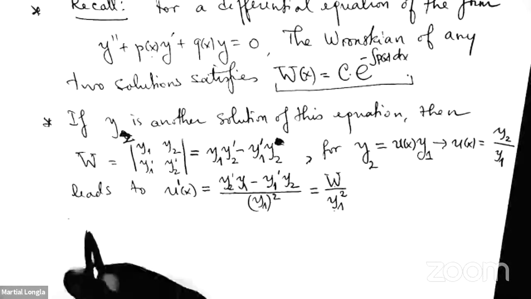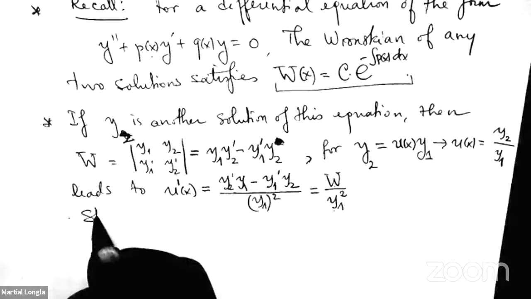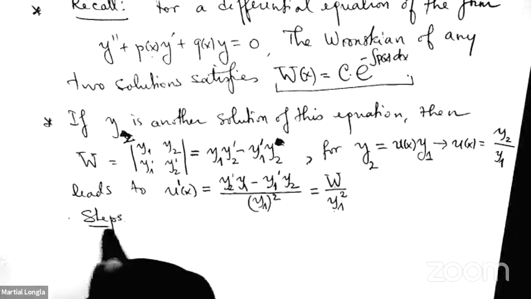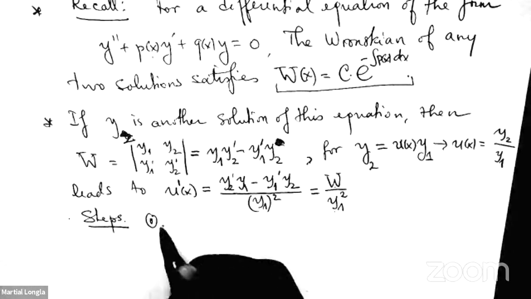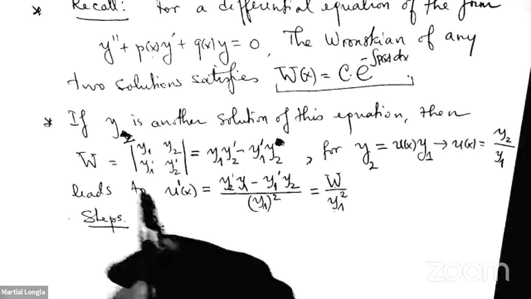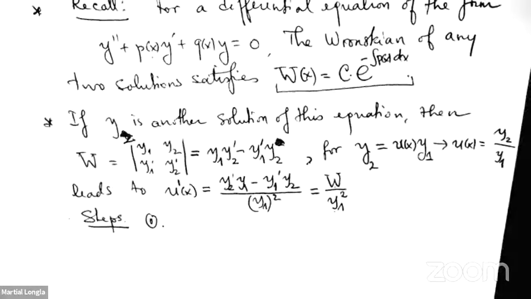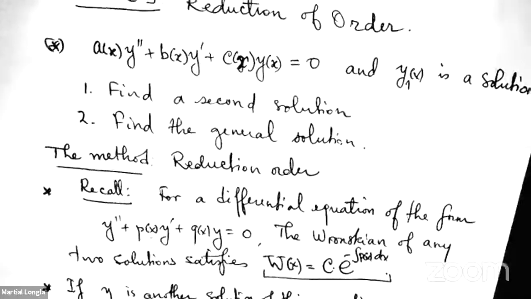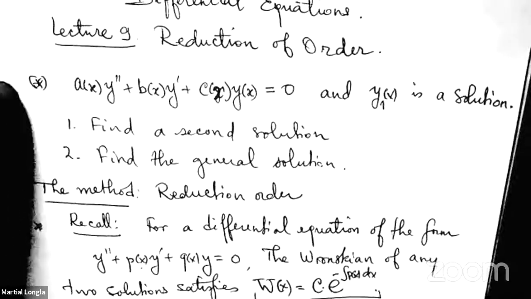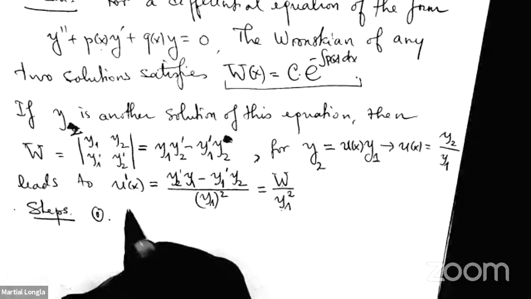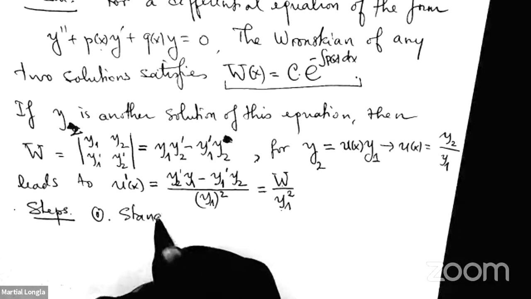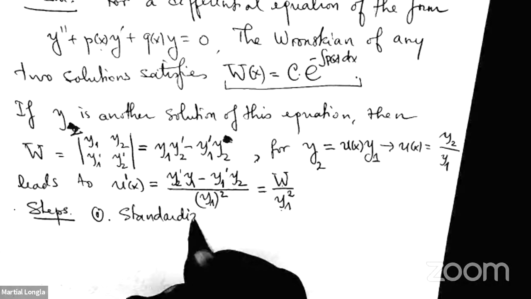So, steps. In step 0, if we call that original equation star, we say standardize the equation.